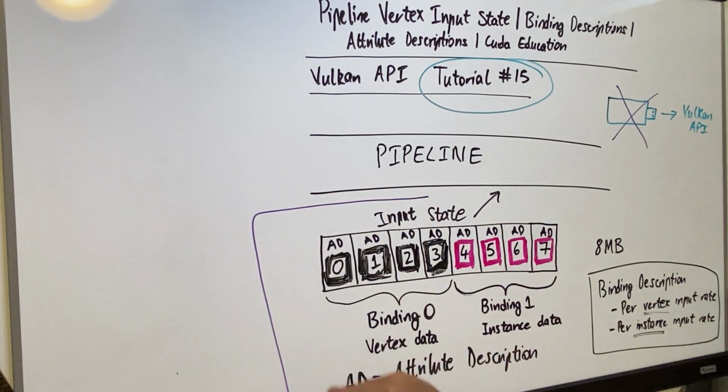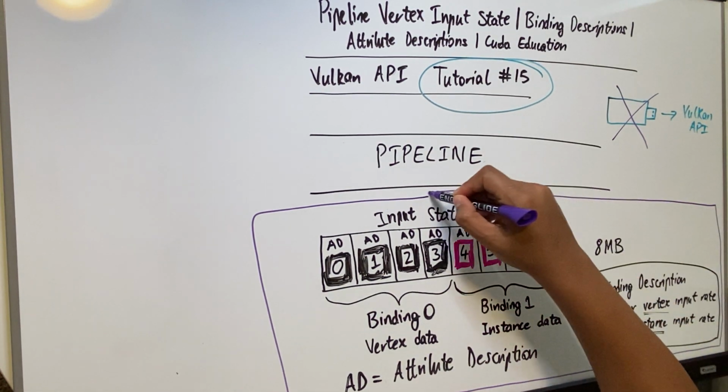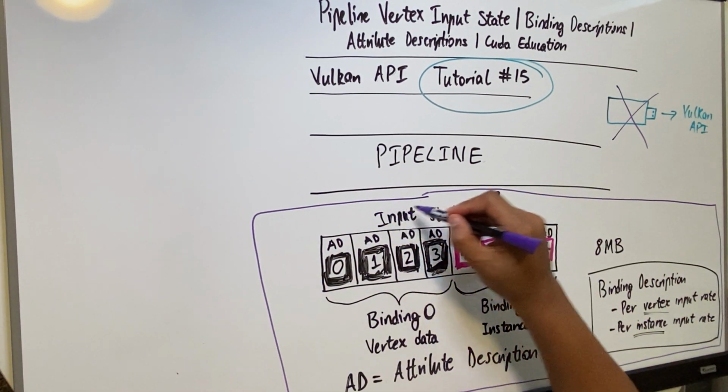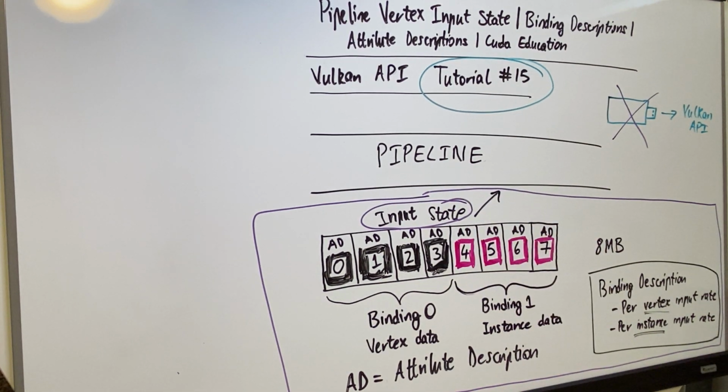You need to describe what it is you're handing to the Vulkan API. So this pretty much is input state. And again, tutorial number 15 talks about this stuff in detail.